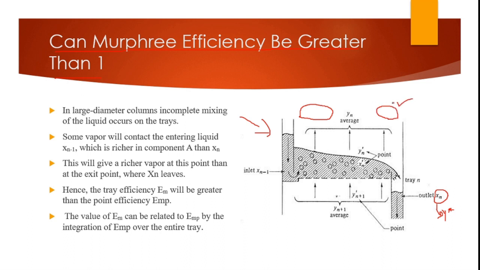Over here it is actually low compared to this initial region. Due to this concentration gradient, when you take the average composition of the vapor over the entire tray, you get some yn average.